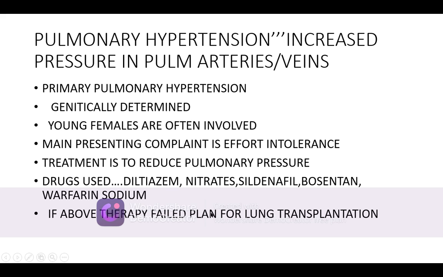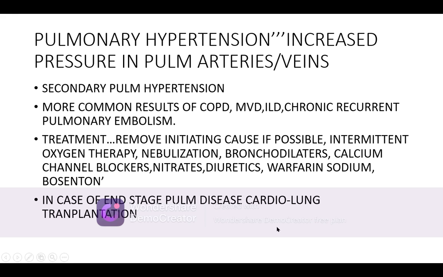If all therapies fail, you go for orthotopic lung transplantation. Now, secondary pulmonary hypertension is commonly associated with COPD, interstitial lung disease, mitral valve diseases, and chronic recurrent pulmonary embolism.